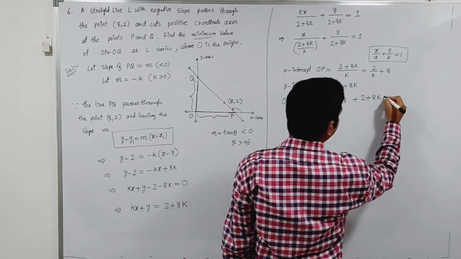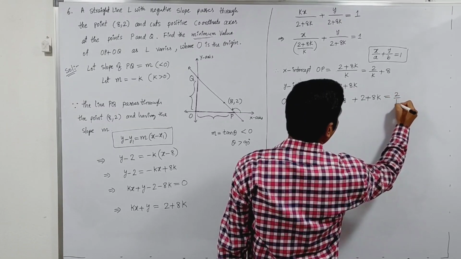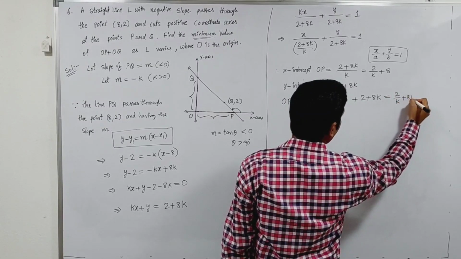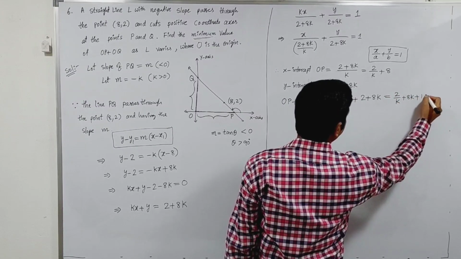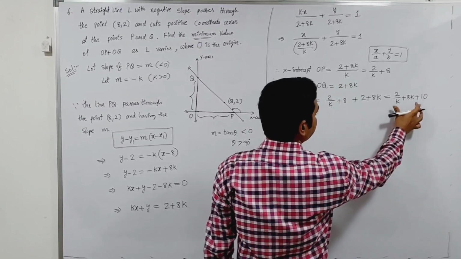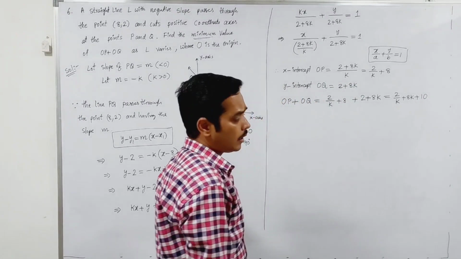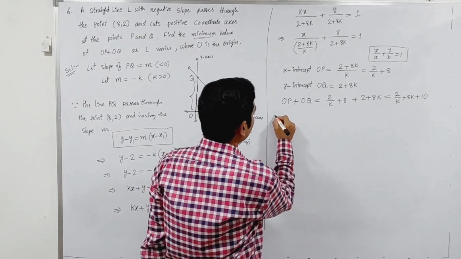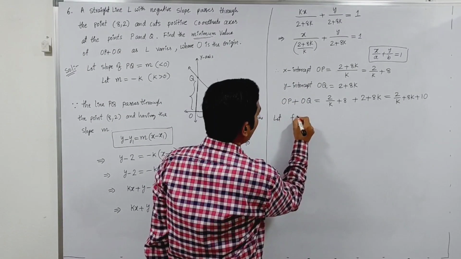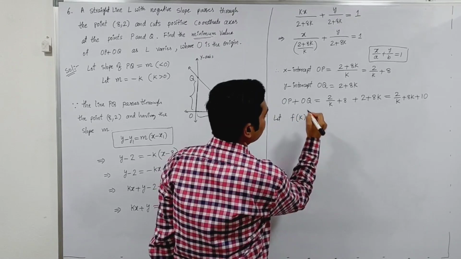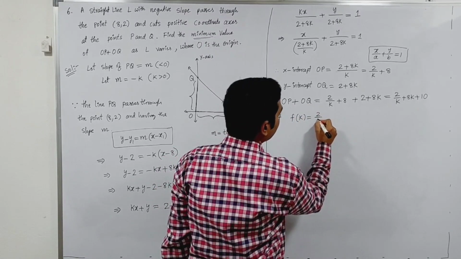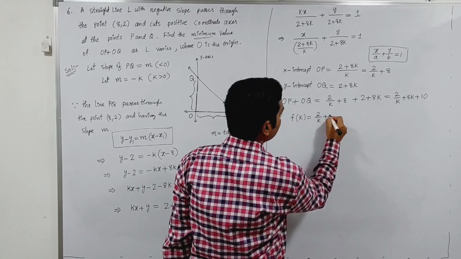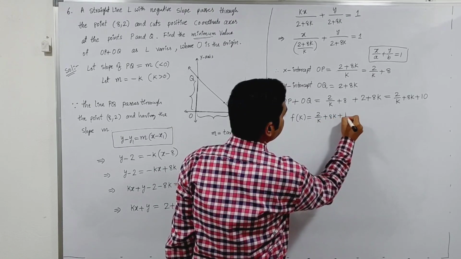Now from this, 2 by k plus 8k plus 8 plus 2 is 10. This is the expression in terms of k, the OP plus OQ value. Let's assume f of k is equal to 2 by k plus 8k plus 10.